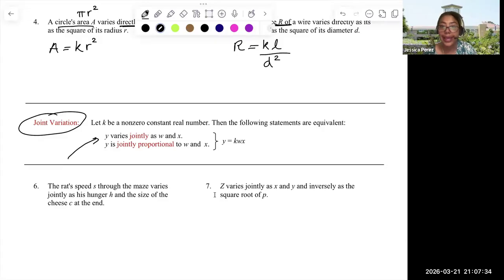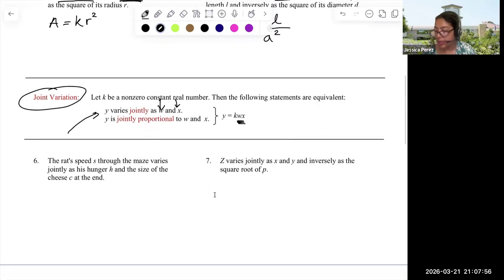So now you're multiplying k times w times x. Jointly means you're multiplying by two things. So y is jointly proportional to w and x. That's another way of saying it. So it's y equal k w x, or you're just multiplying it by an additional variable.